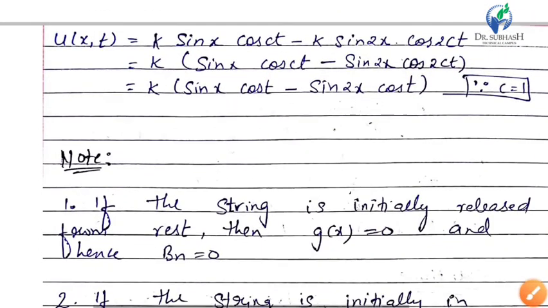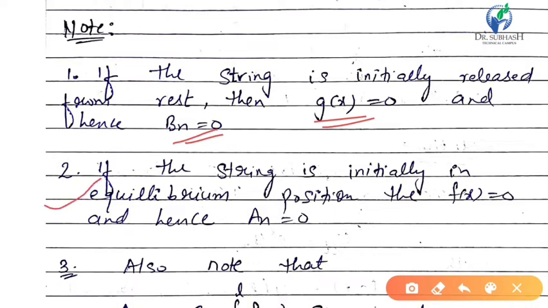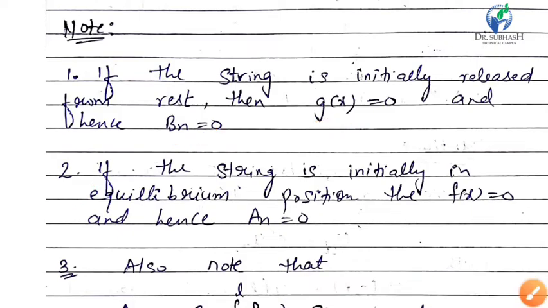Now let us take some notes. If the string is initially released from rest, then g(x) will become 0, and if g(x) equal to 0, b_n will become 0. Second point is, if the string is in equilibrium position, then f(x) equal to 0, which implies a_n equal to 0.